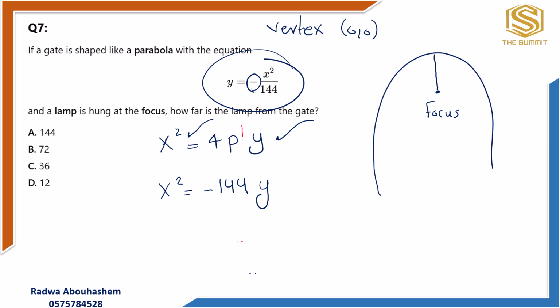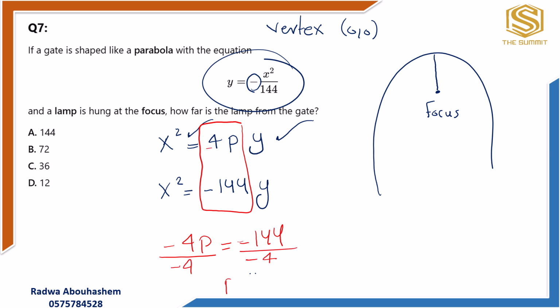So this means that the 4p equal to negative 144. So divide by negative 4. So p equal 36. And why do I call it p? Because the distance from vertex to focus, I call it the focal length p.